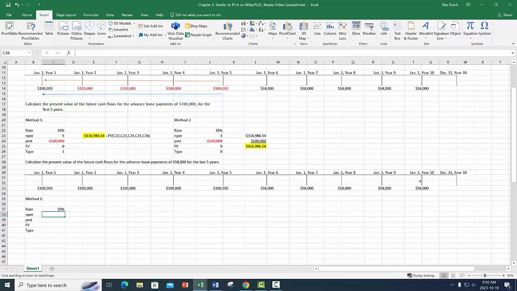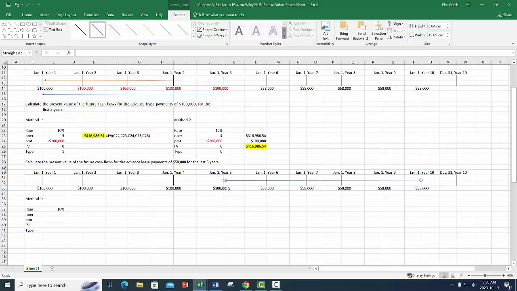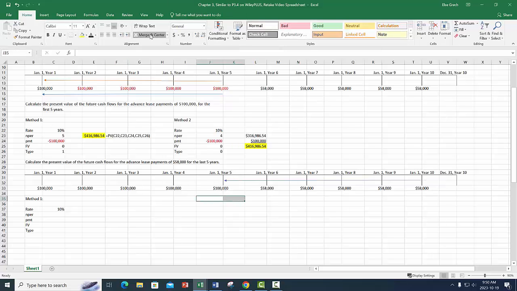If I look at these payments and I want a present value to this point, January 1st of year 5, so I want the present value right here. If you look at it, that's 1, 2, 3, 4, 5 periods. So I'm going to say 5 periods.